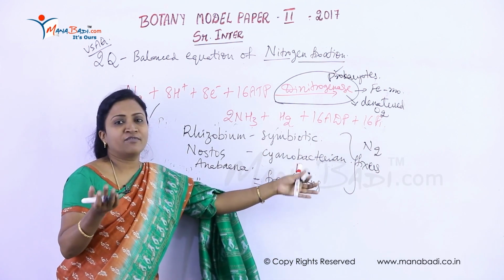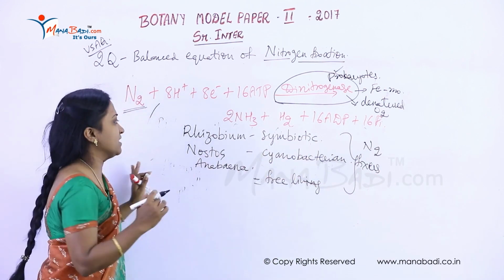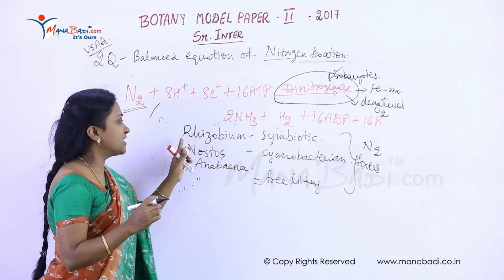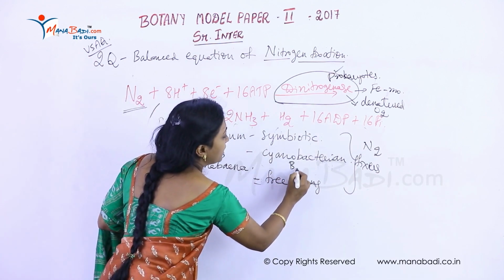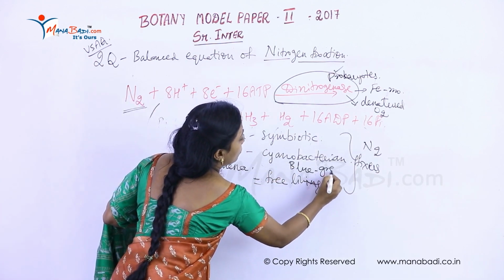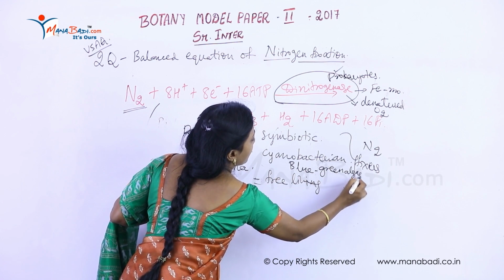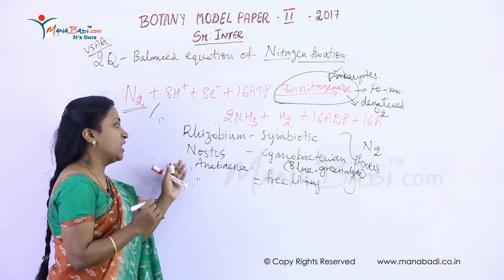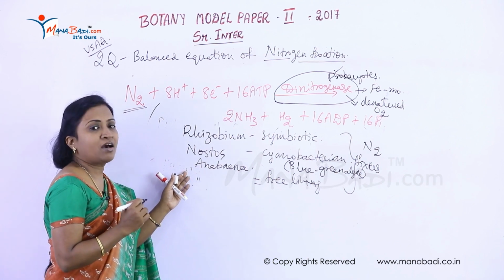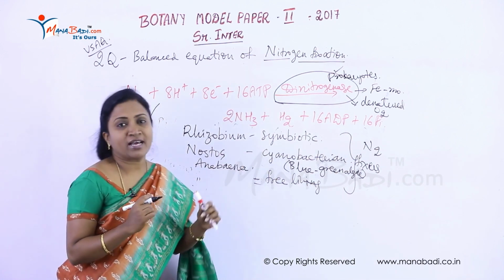We can simply call them nitrogen fixers. So symbiotic nitrogen fixer, example Rhizobium. Cyanobacteria is what you call blue-green algae in common. Nostoc and Anabaena are examples of these cyanobacteria.